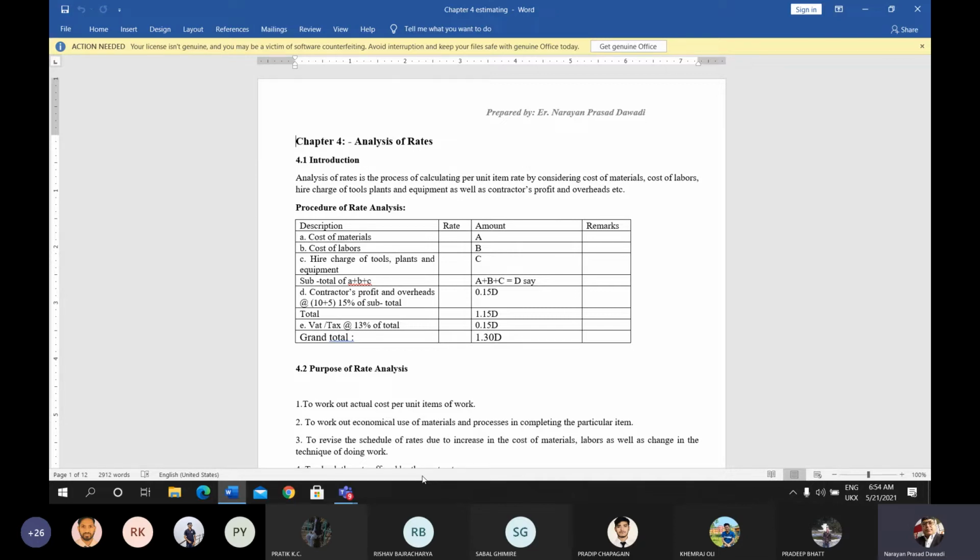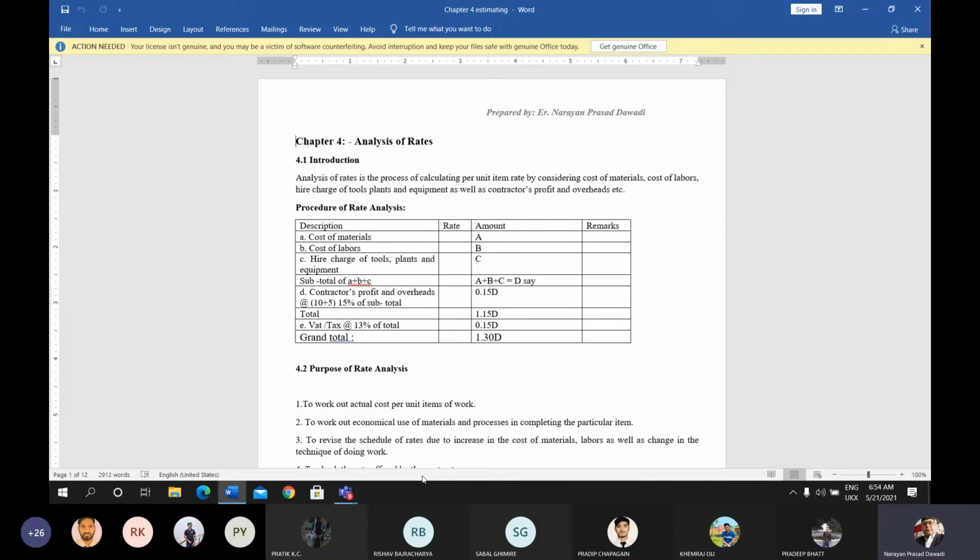If the cost is very high and we don't have the budget, then we have to go to another item. If we want to make the floor using marble, and we take the rate analysis of the marble flooring, then the cost will be higher.